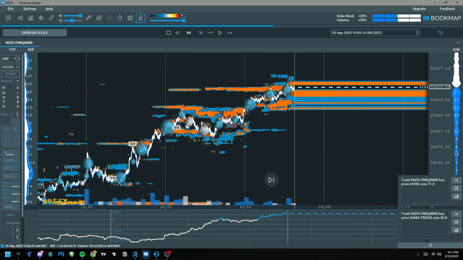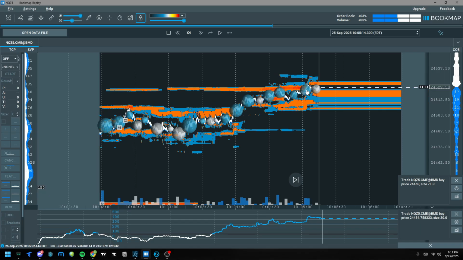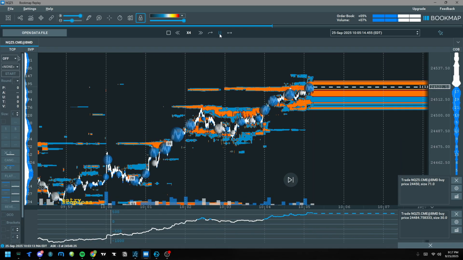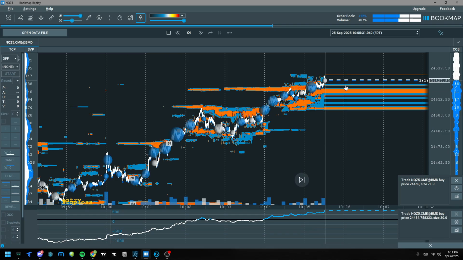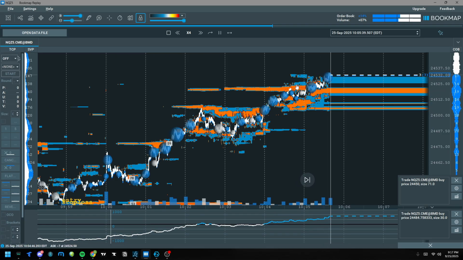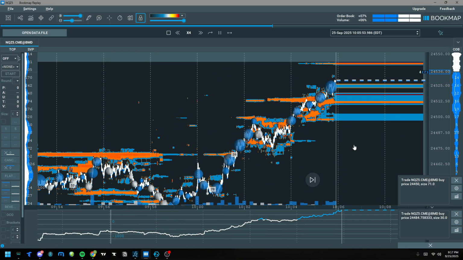As you can see, we did have some rejection, but buyers kept trying to push price up. They kept getting deeper and deeper, until they finally took all of them out, and then they were able to freely keep going up.